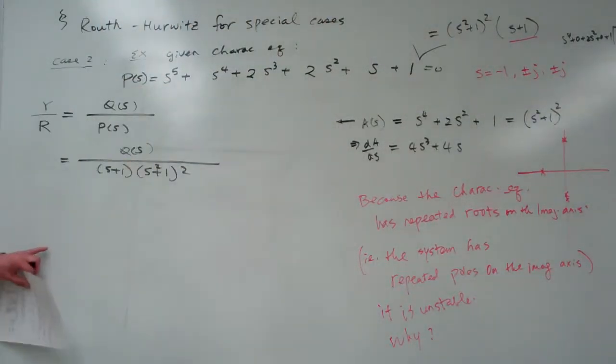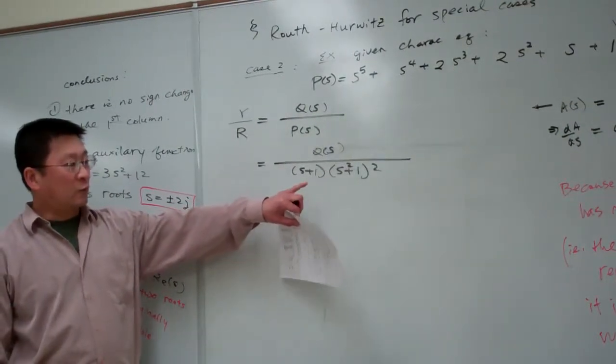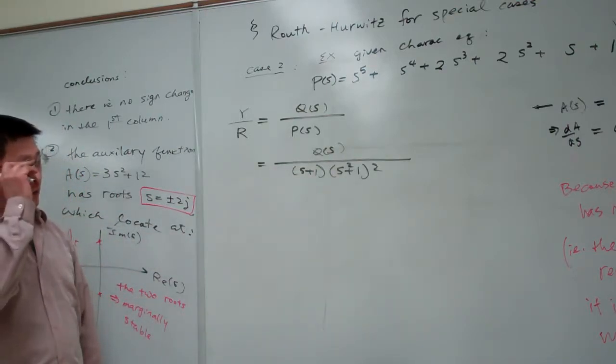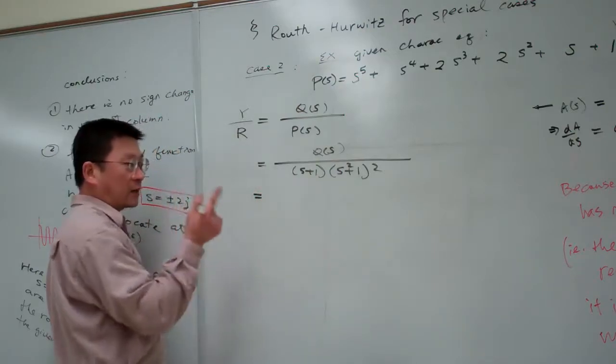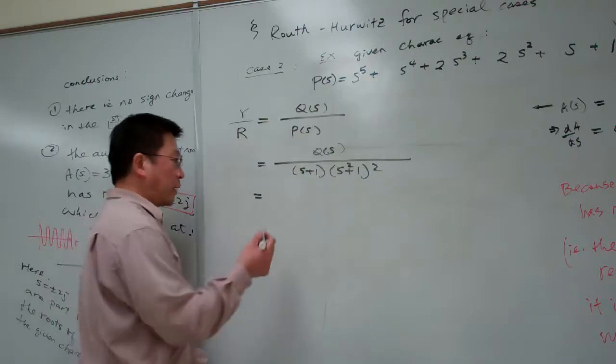So here, I'm trying to give you a quantitative explanation why, when we have repeated roots on the imaginary axis, the system becomes unstable. For this case, we can apply partial fractions to factorize the whole thing.